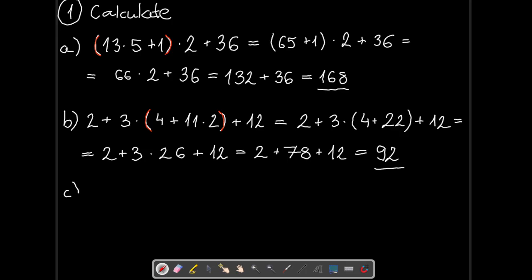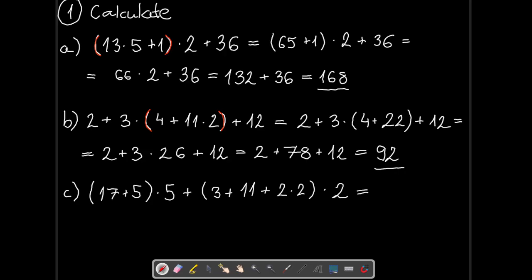Next example. 17 plus 5 in the bracket, times 5, plus brackets 3 plus 11 plus 2 times 2, times 2.